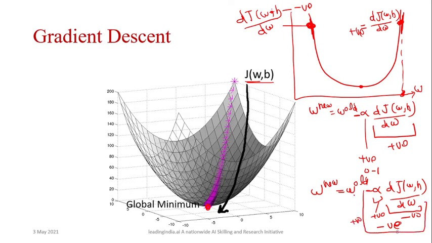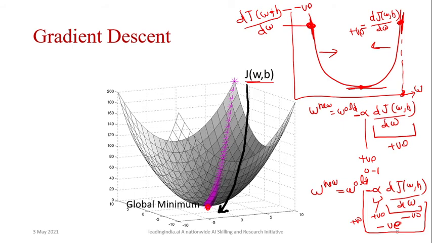What it will do is try to add some value to the w old to find out the w new. So that will force you to move towards this side. As we have seen previously, if your dJ upon dw is positive, this will try to move to this side. So ultimately once you reach here, at that point your dJ upon dw will be 0.